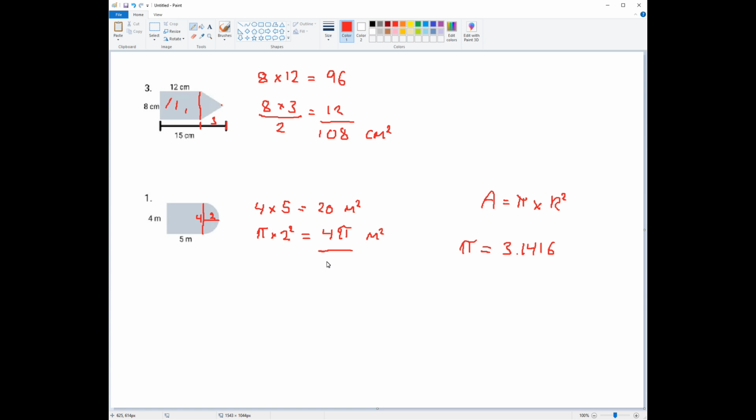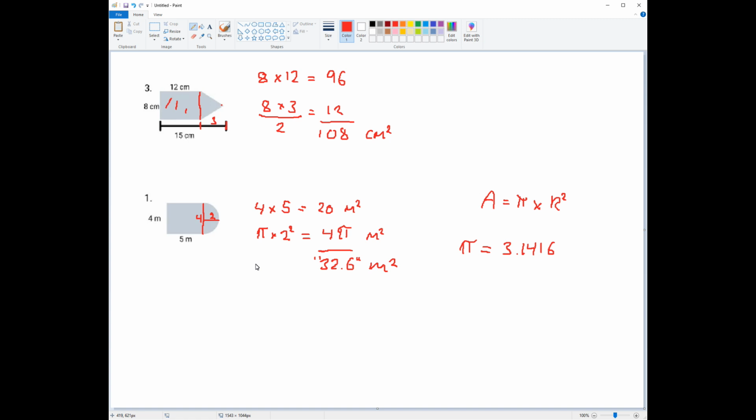So let's say the 12.6 or so. So that is going to be 32.6-ish. So like that, square meters. So that's how you would do that.